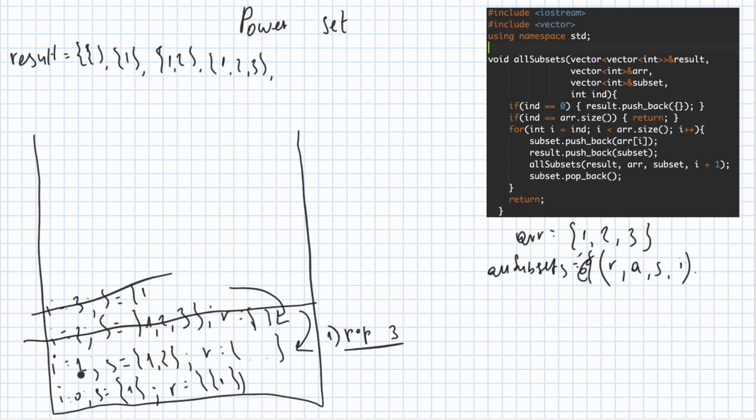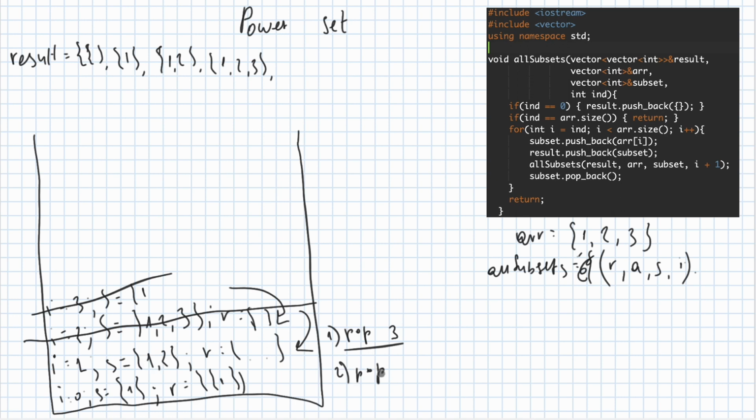So we go back. Here index was 1, and then we continue with the loop. This part is done, and we now access the pop back part of the code. So we pop 2 from our subset.